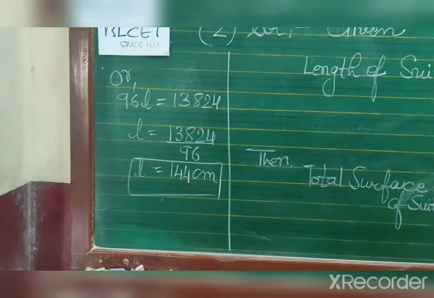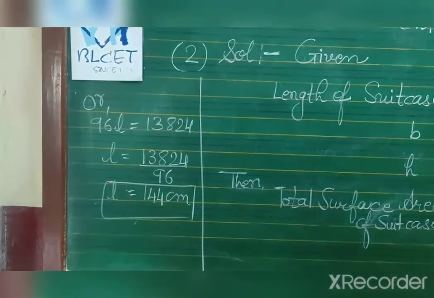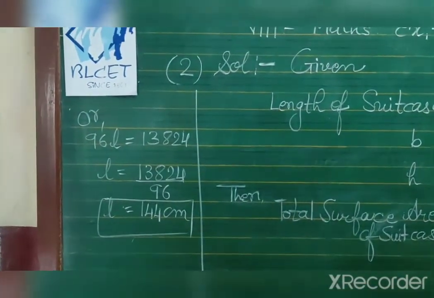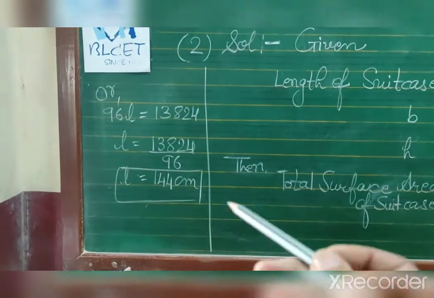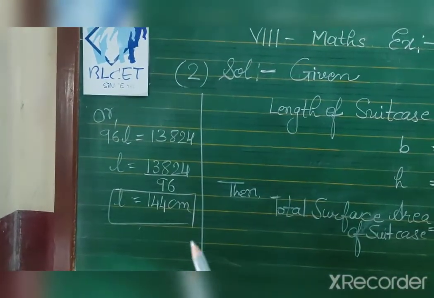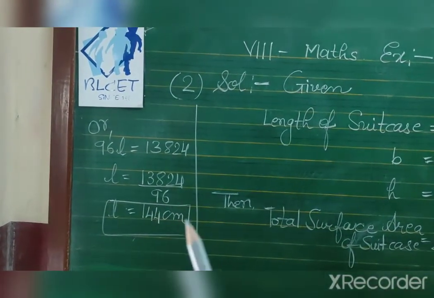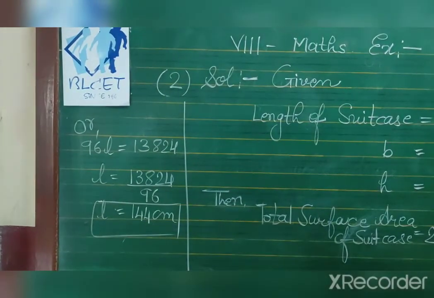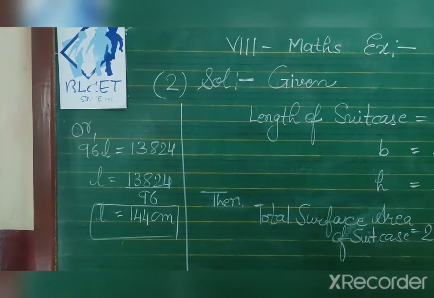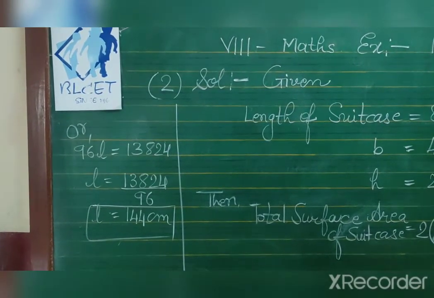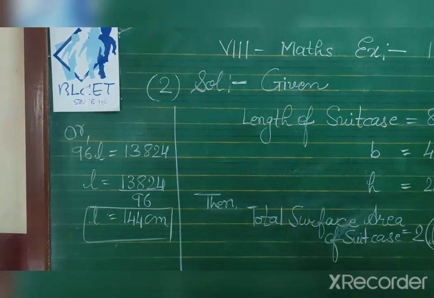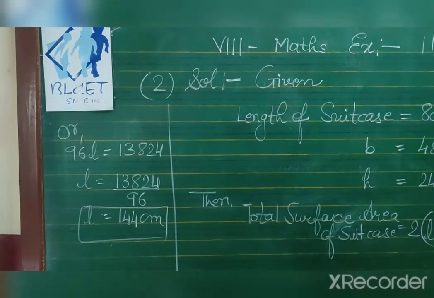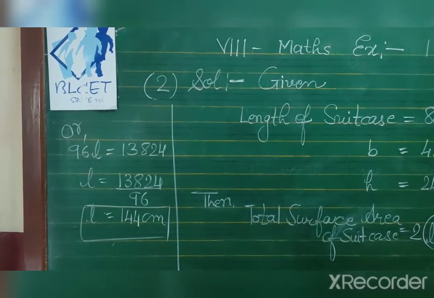Only for one suitcase we have calculated till now. So after that you will write, to cover one suitcase we need length of cloth equal to 144 centimeter. So to cover 100 suitcases we need length of cloth equal to 144 into 100 centimeter, that is 14,400 centimeter.